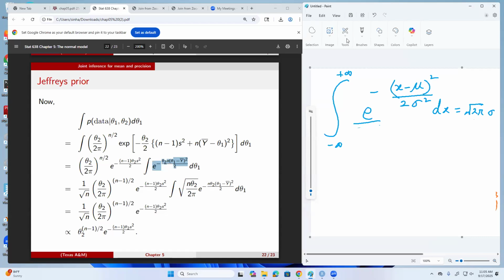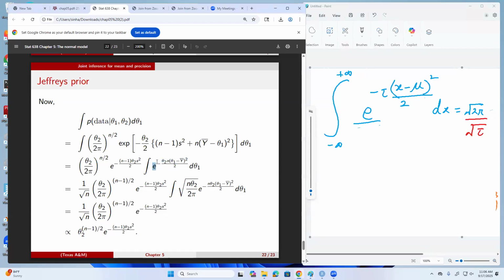Now suppose instead of sigma you have a tau, where tau is a positive number. Then it would be square root of tau in the denominator, square root of 2 pi and then square root of tau.